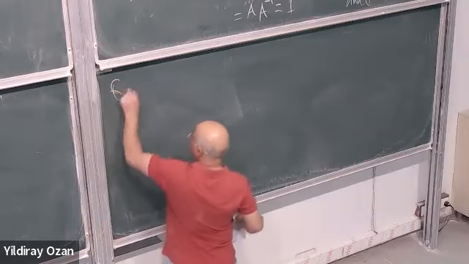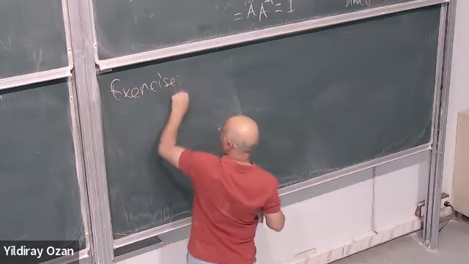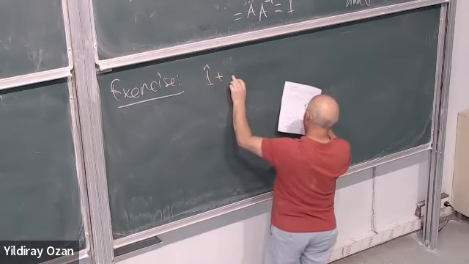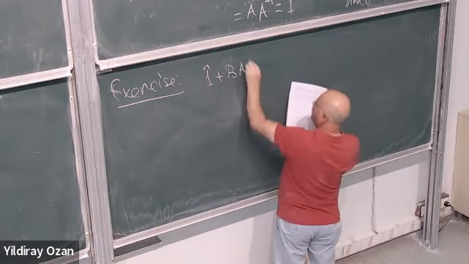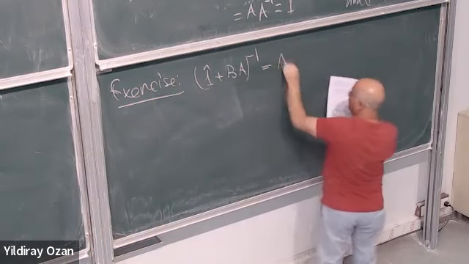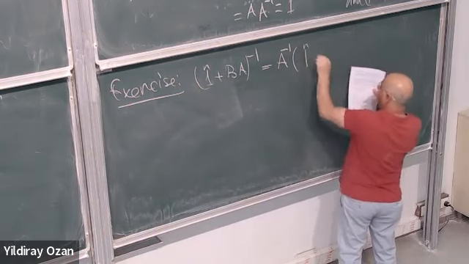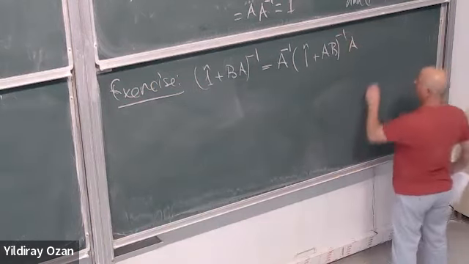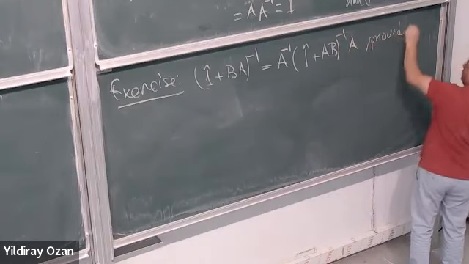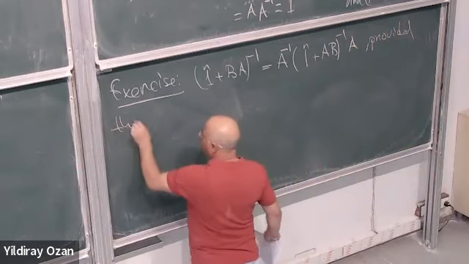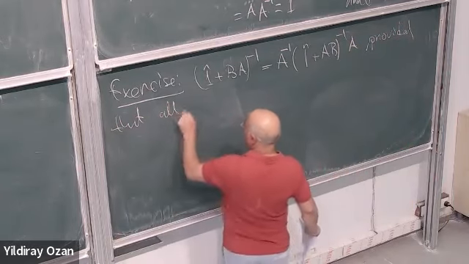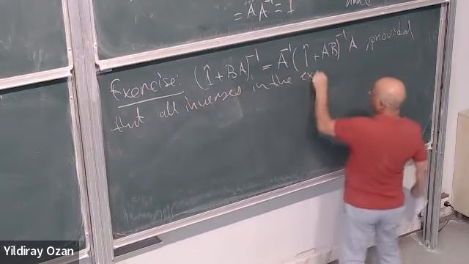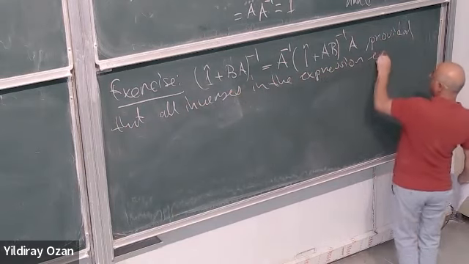Okay, I'll leave this exercise to you. Identity plus B times A inverse is just A inverse times identity plus A times B inverse and A, provided that all inverses in the expression exist.